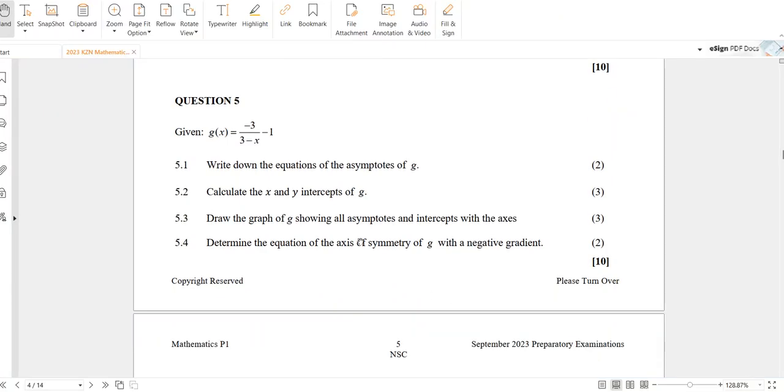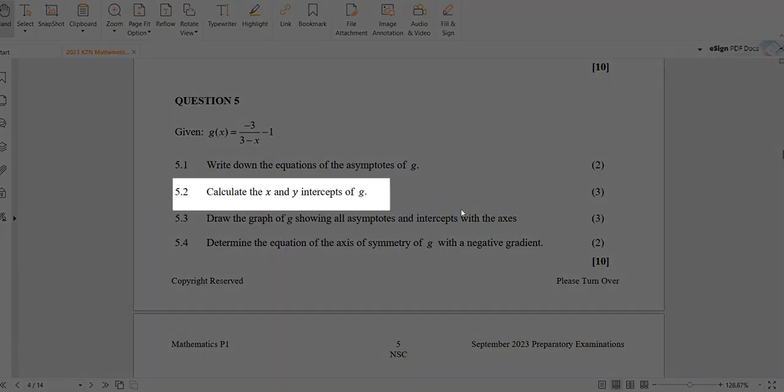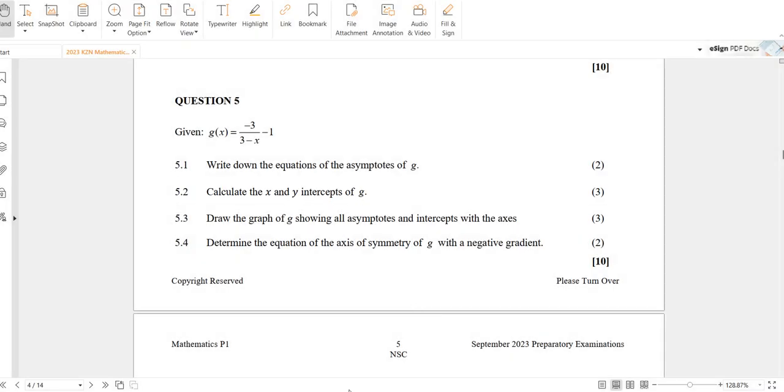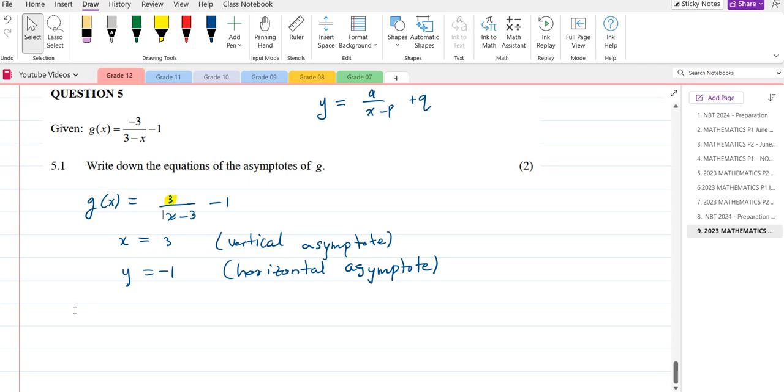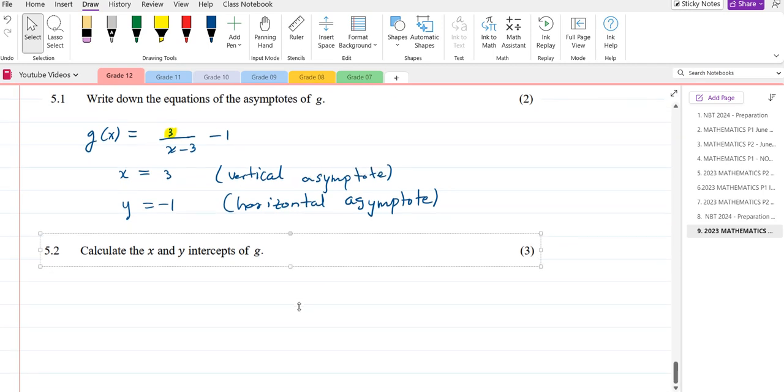Now let's find the x and y intercept. Obviously we need all this information to sketch the graph, right? Remember, the function that I'm using is the one that I simplified just now, g of x. So how are you going to find the x and y intercept? To find the x intercept, you're going to make y 0. In other words, make this entire equation equal to 0.